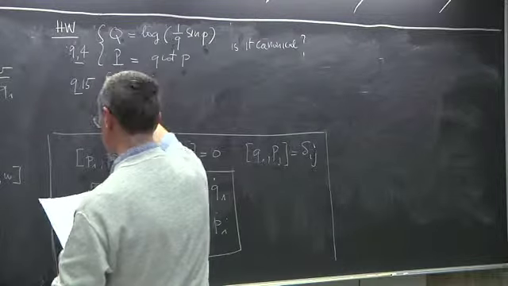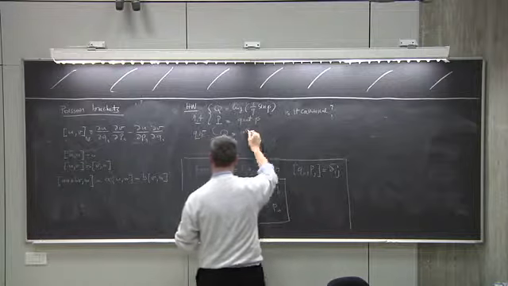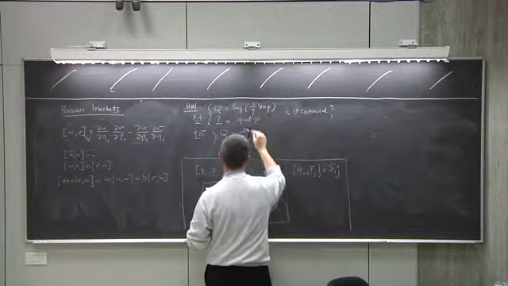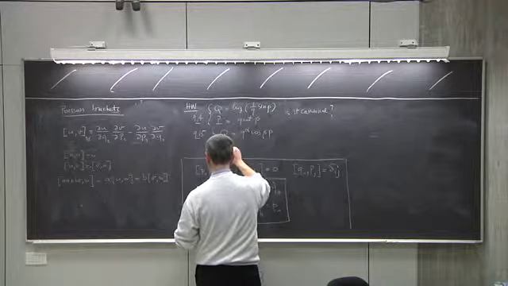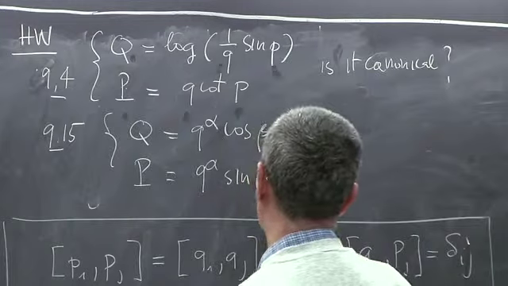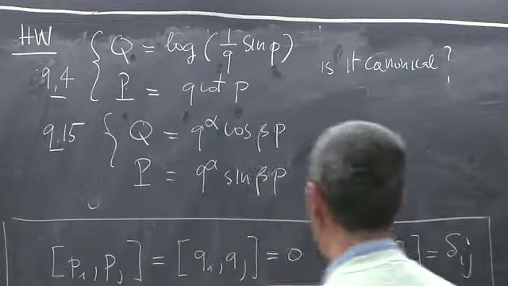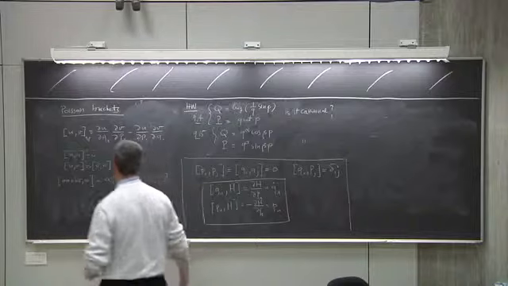Another set: big Q equals Q to the alpha cosine beta p, and big P equals Q to the alpha sine beta little p, where alpha is a constant. This is the same question. And you see that now you have at least two ways to prove that.